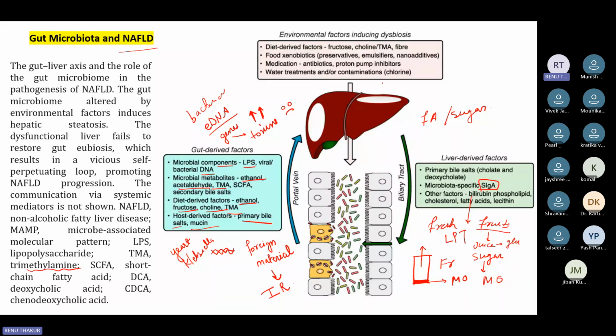or contamination, chlorine. When we are consuming water, in my area wherever I am living, it is very high in arsenic. Arsenic is actually in Nadia, but where I am living, Kalyani, it is rich in iron.